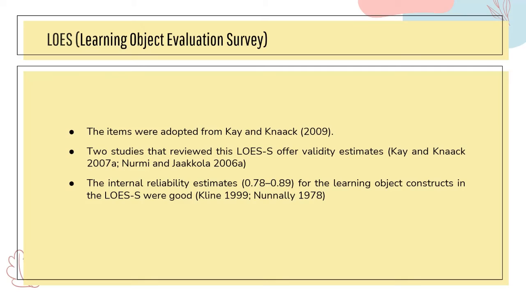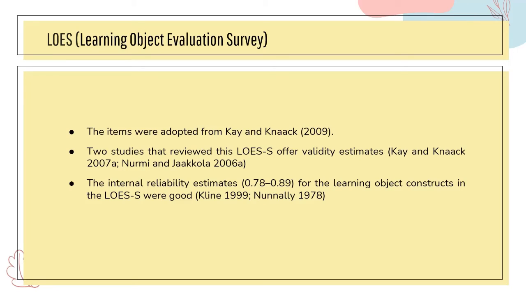Furthermore, the paper also demonstrated that reliability estimates around 0.78 to 0.89 for the learning object were concluded as good numbers, based on Klein in 1999 and Nunnally in 1978.